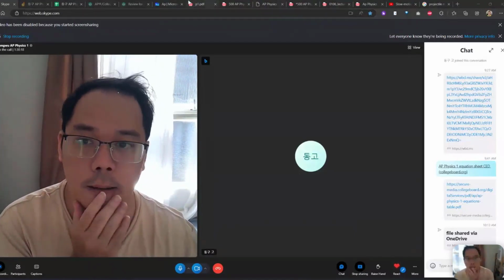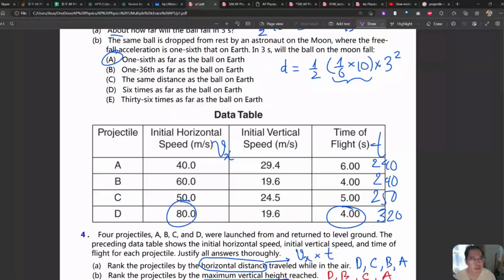Just one. Page 5. Multiple choice AP Physics 1. Is that this thing? No. What's that? AP Physics 1 multiple choice. Okay, here it is.